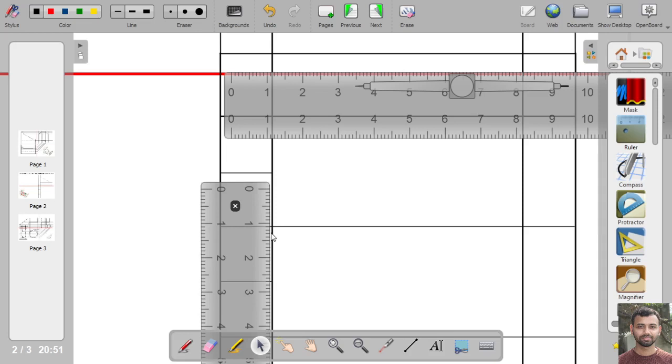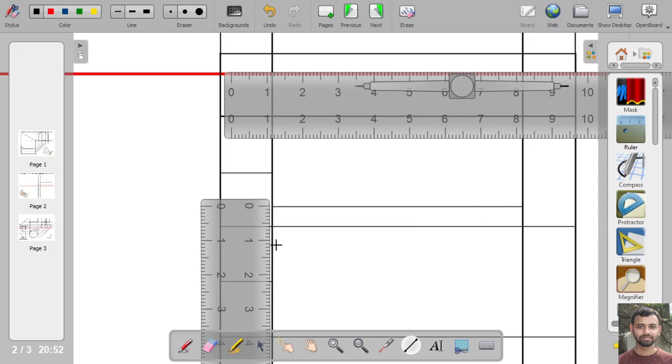So this one will be 6 mm. Okay, from this point we will draw a line.